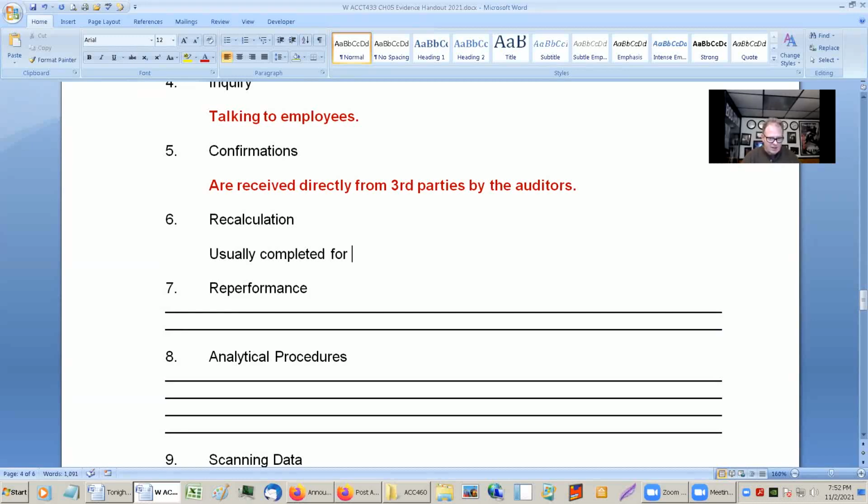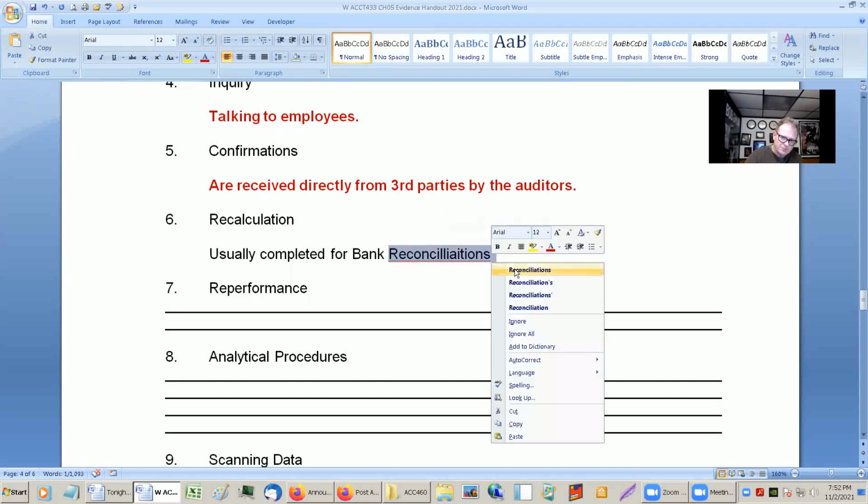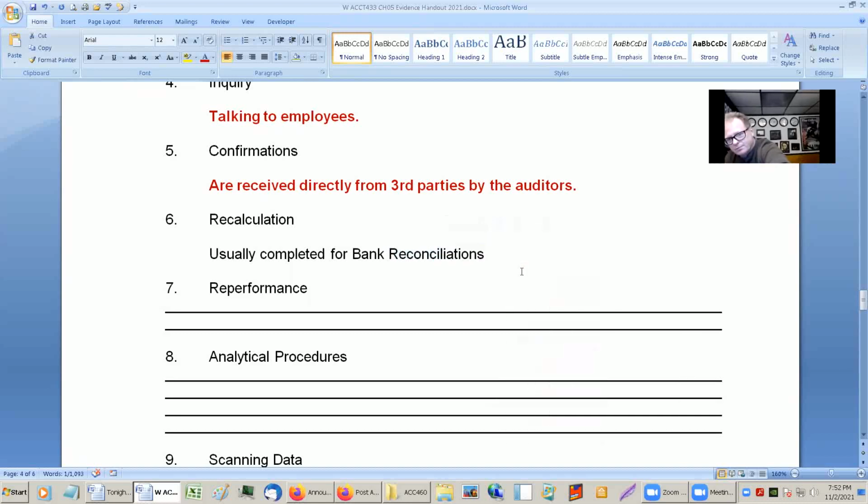could be bank reconciliations. Bank reconciliations, accounts receivable, bad debt.